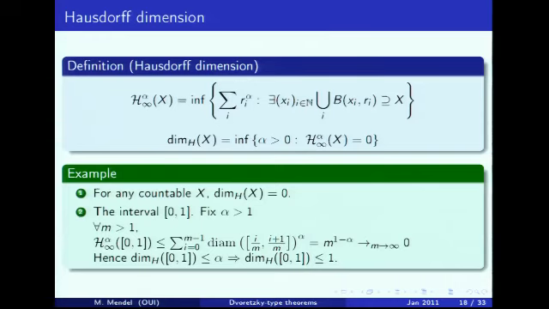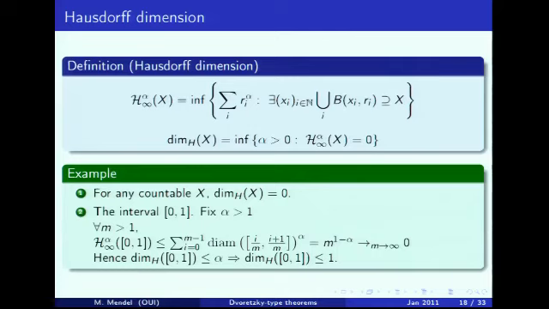Let's look at an example. Think of the simplest example that you can think of: the interval 0 to 1. I want to show that this definition is very suitable to prove upper bounds on the Hausdorff dimension. The Hausdorff dimension is defined to be the smallest alpha for which the Hausdorff content is 0.